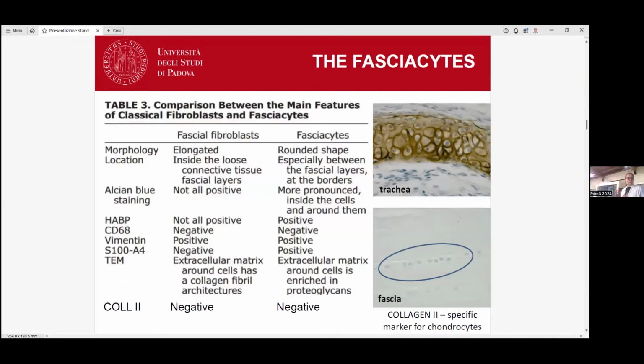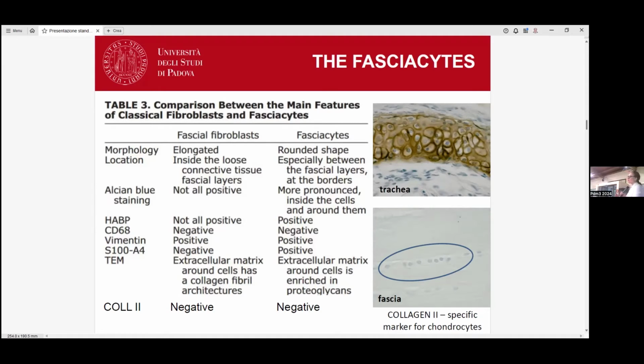We tried to compare them with the fascial fibroblasts to understand if they are the same cell or not. But you can see that there are some elements that can differentiate the fibroblasts from the fasciacytes. So there are many aspects in common, but not all.